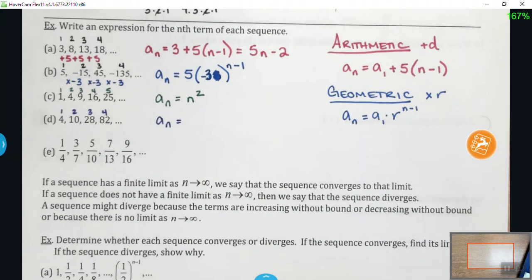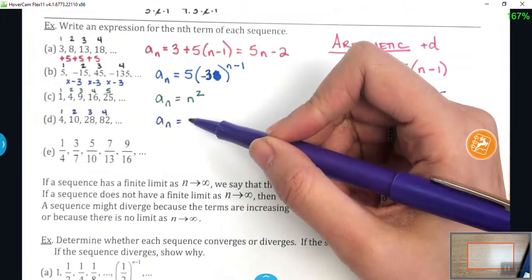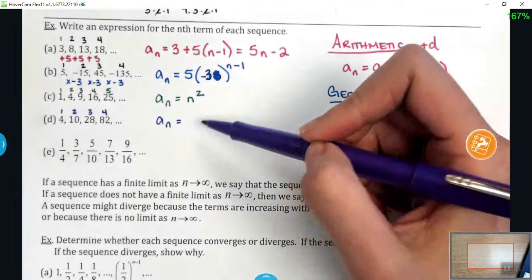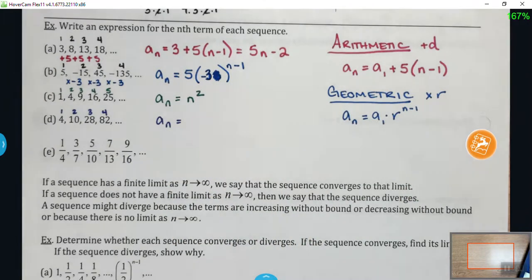Isn't it times 3 minus 2? I don't think so. Why? Wait, isn't it just the previous term? Yeah, but we can't write it in this form. That's a recursive sequence.